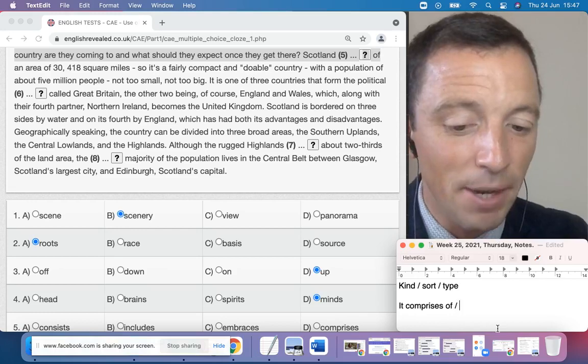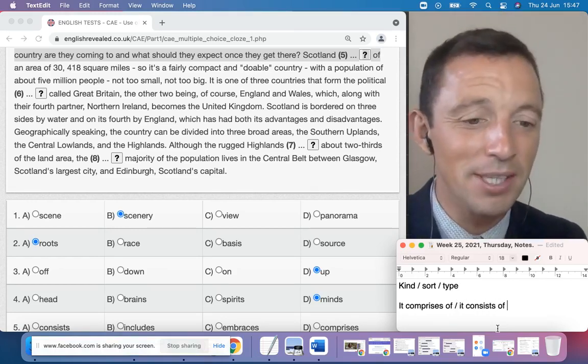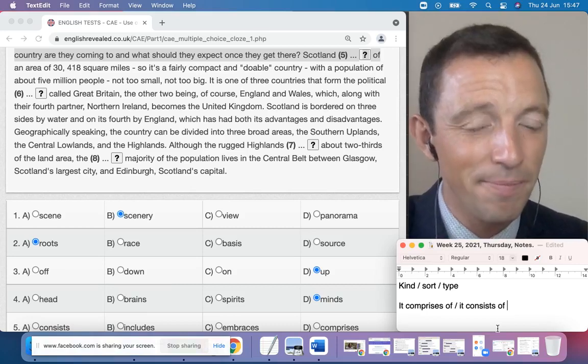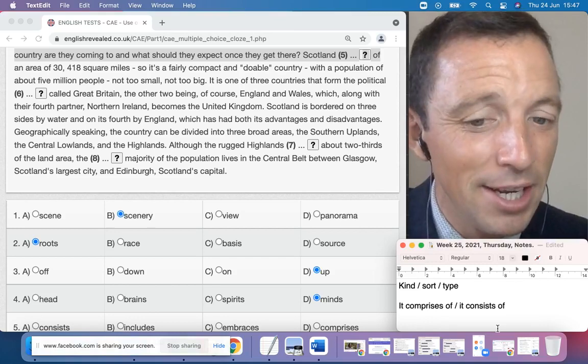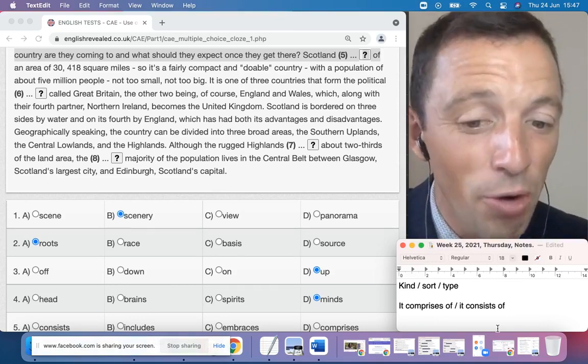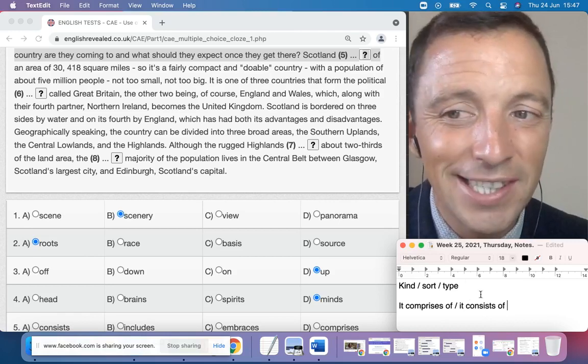That is definitely possible, and it's also surely and definitely possible consists of. Okay, so the two of them are possible and they're very, very similar, but in this context I hope you have selected the best one, and I think the best one here is consists of.